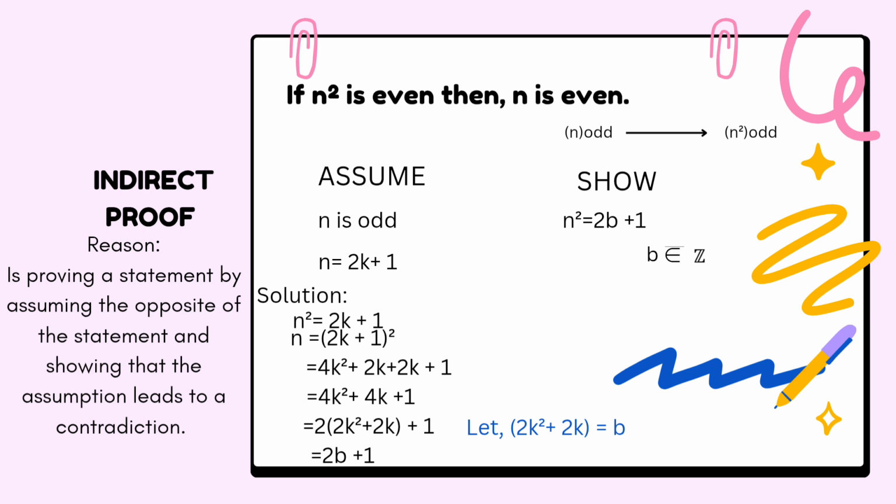So the result here is 2 times the quantity 2k squared plus 2k, then plus 1. Then let some integer equal b, as we stated from n squared equals 2b plus 1.